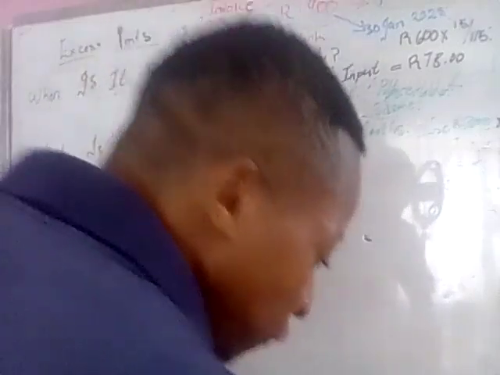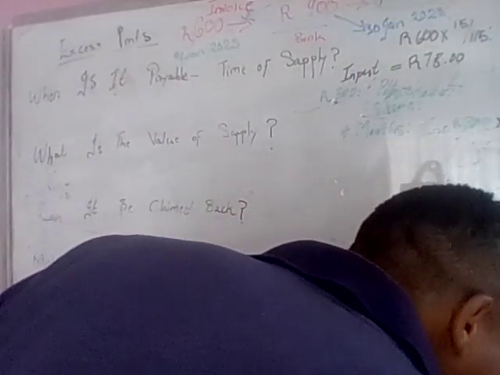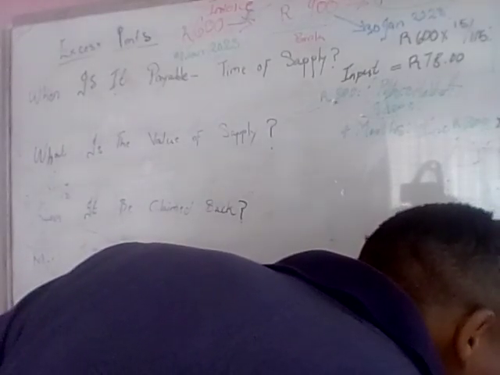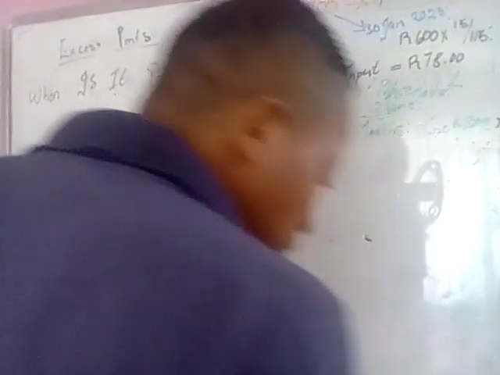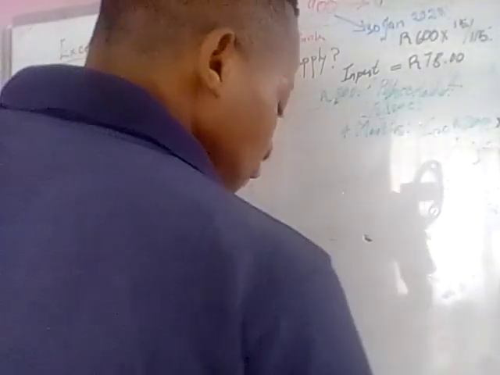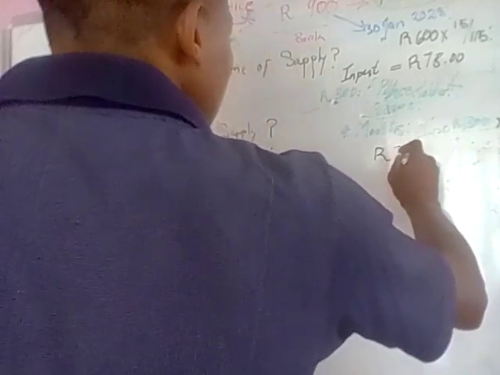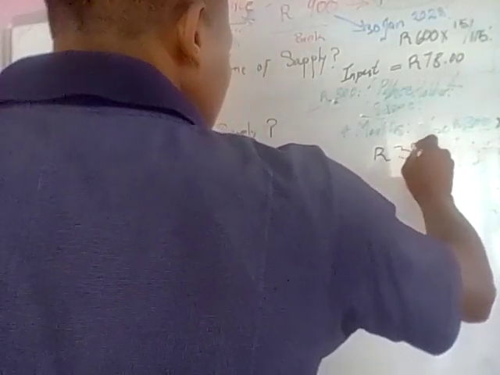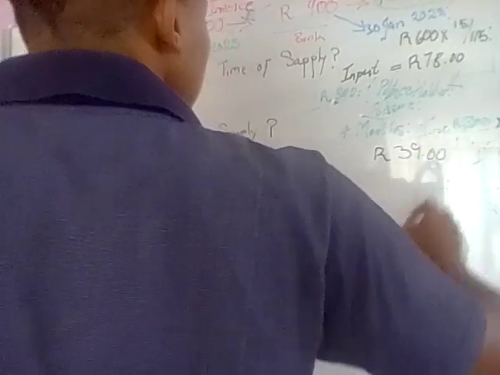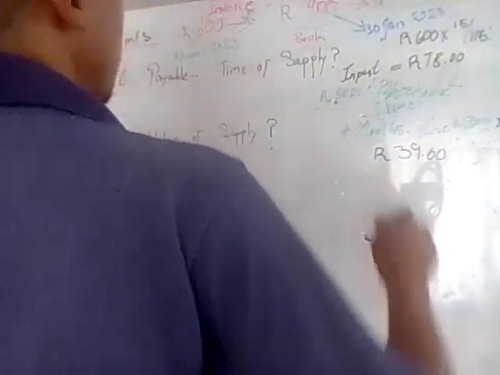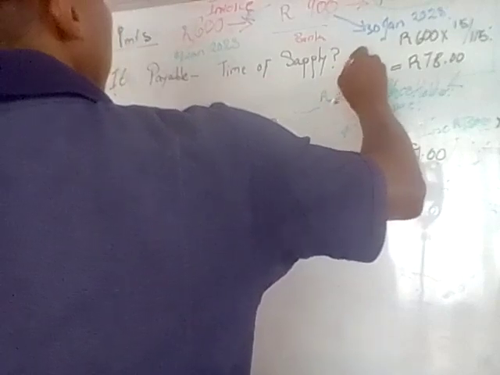SARS wants a piece of this now. So we must recognize an output VAT payable to SARS of 39 rands, because SARS wants this money back. This is a sale, he wants it back. Excuse us for this. This was output, not input.